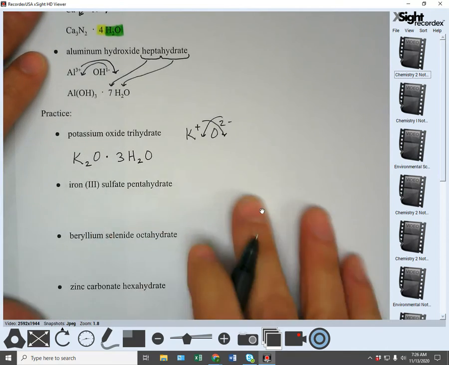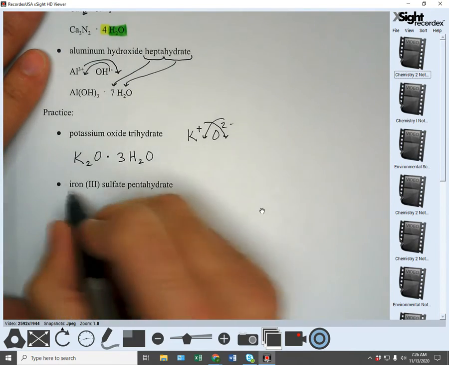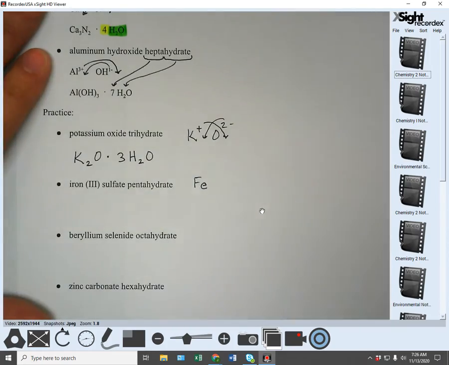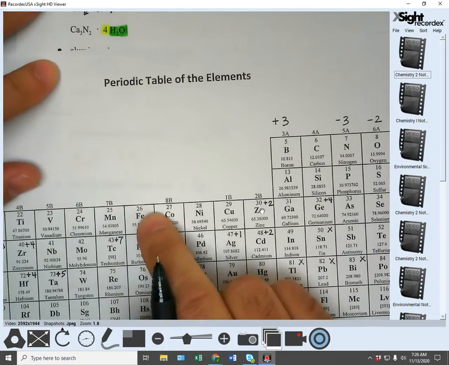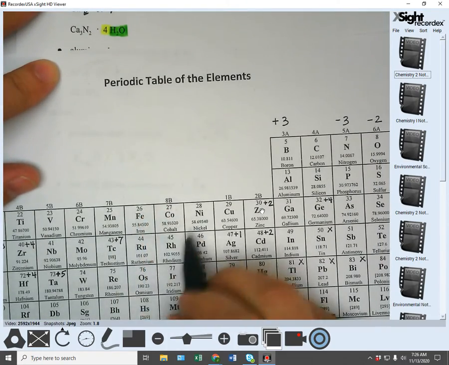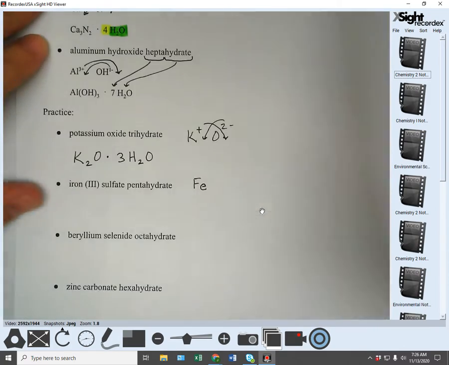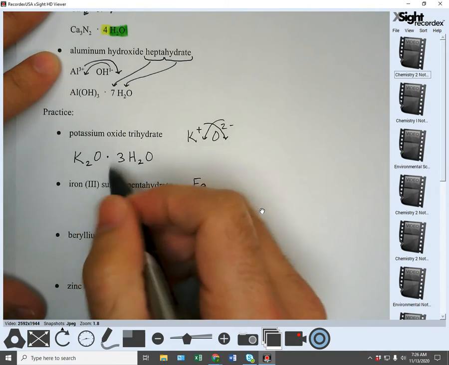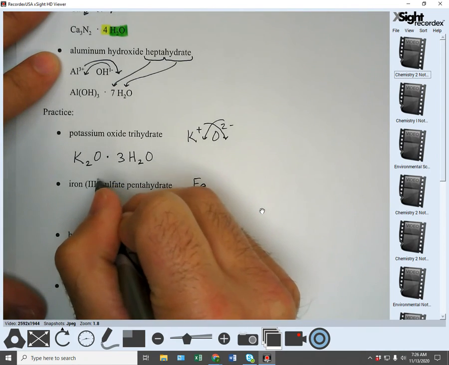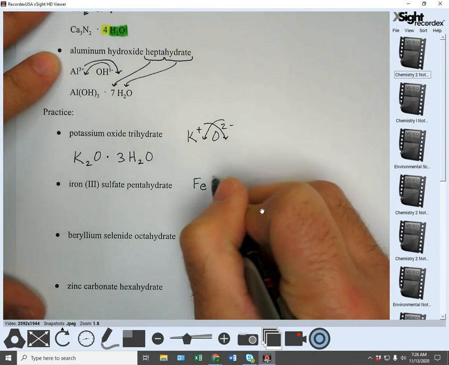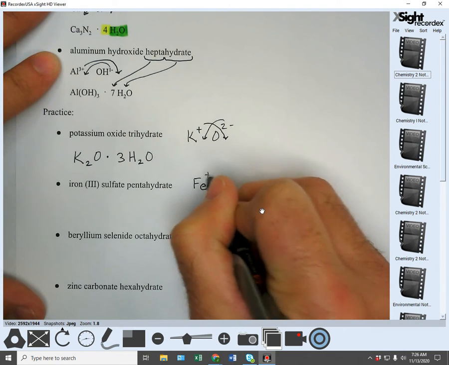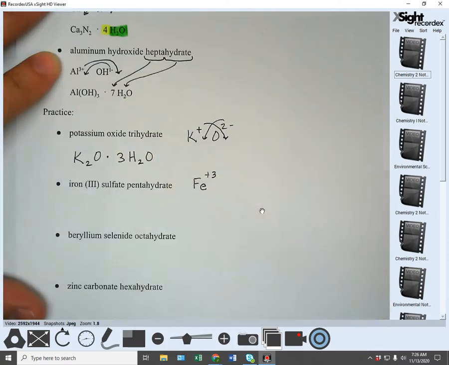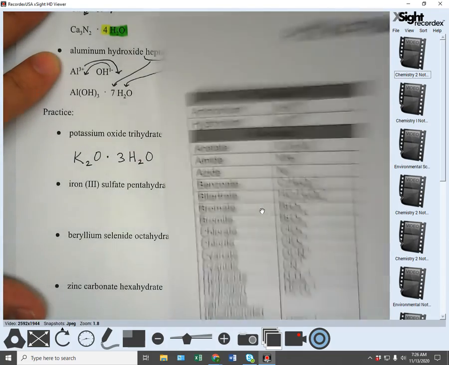Iron 3 sulfate pentahydrate. Okay, iron is Fe. If we look on the periodic table, from what we have marked, we don't know the charge for iron. Right? That's what the Roman numeral is for. Remember, this is the cation charge. Okay, so Fe is a plus 3. Sulfate is a polyatomic, ends in ate.